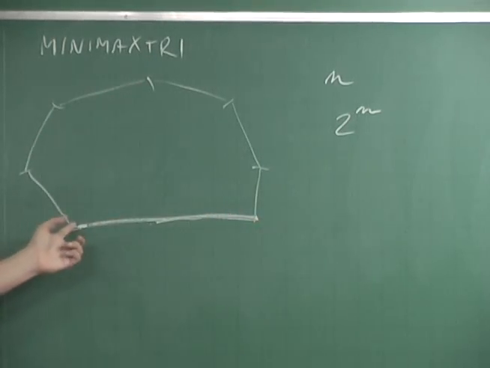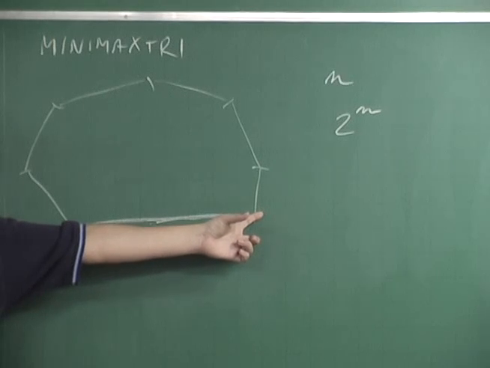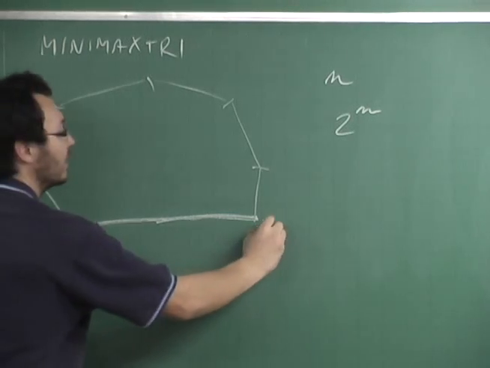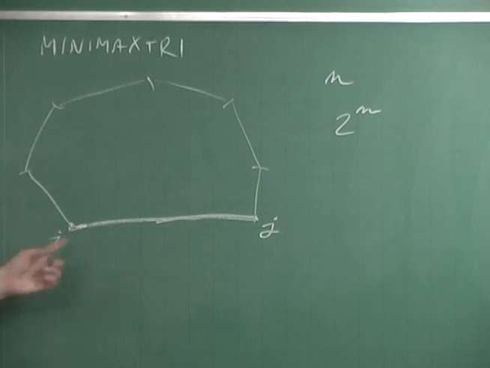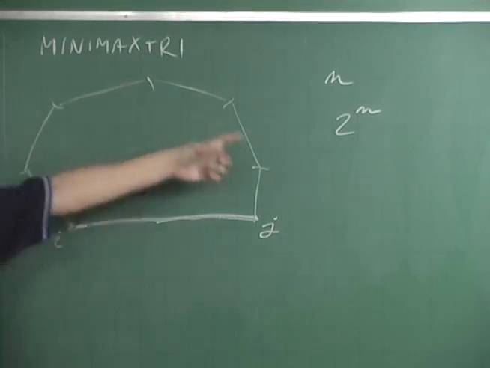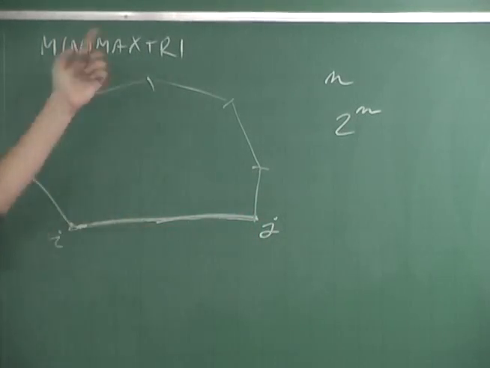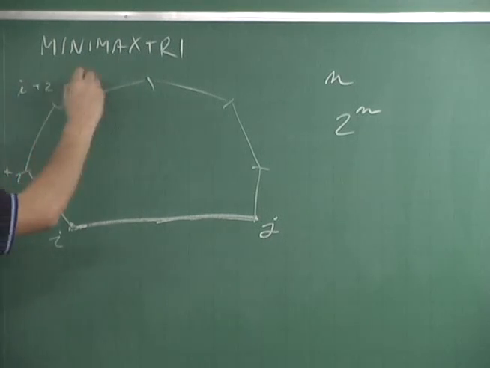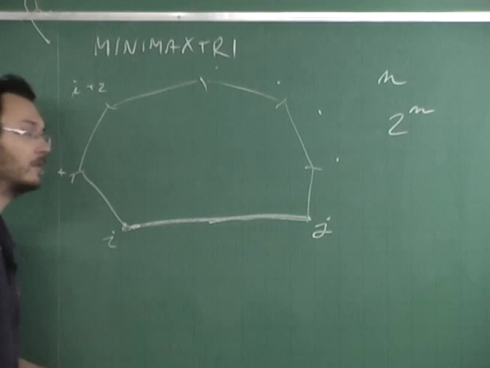So there's just this one edge of the cut. So to represent this subproblem, the only thing we need are two integers, i and j, representing the number of this vertex and the number of this vertex in cyclic order. So this is i plus 1, i plus 2, and so on.